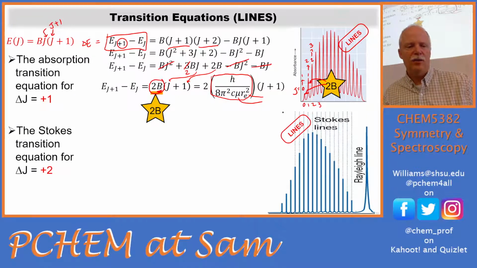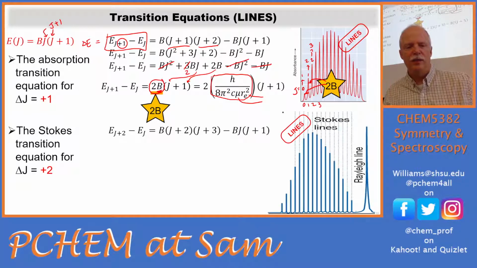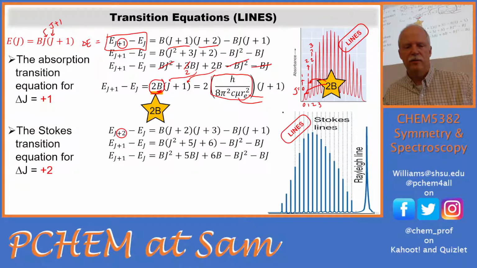Okay, so for the Stokes transition, we put a J plus 2 in there. Do the algebra. Once again, the squared terms cancel. I've got a minus J here, sorry, this minus J, and the 5 becomes a 4.